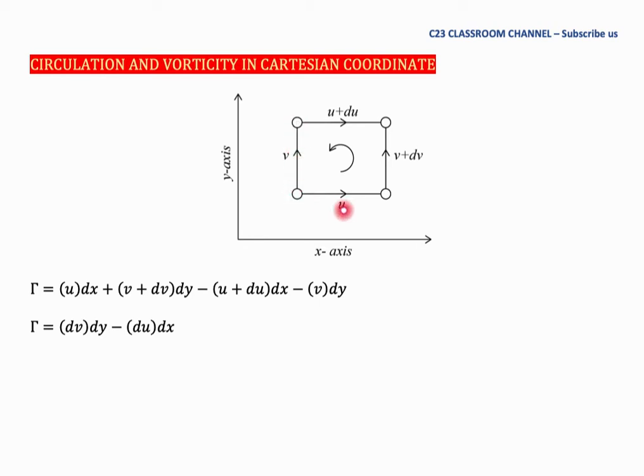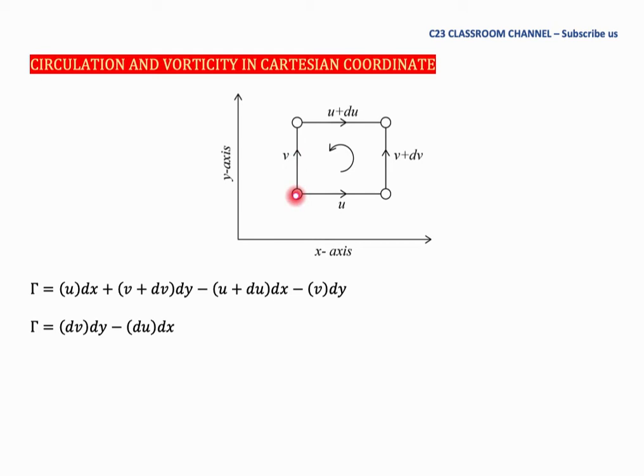So circulation means that we are now calculating the capability of this element to move in a circle. For example, we need to calculate the tendency of circulation for this molecule to move from here to here to here to here and then come back to its original location.